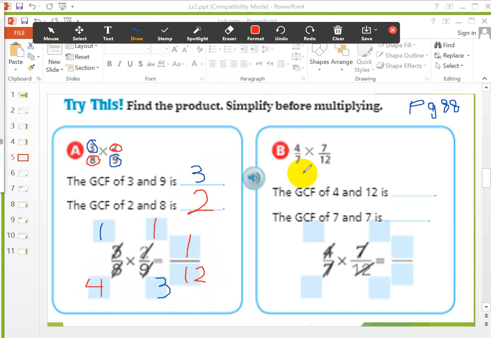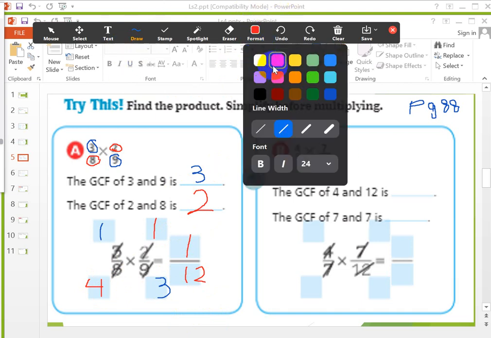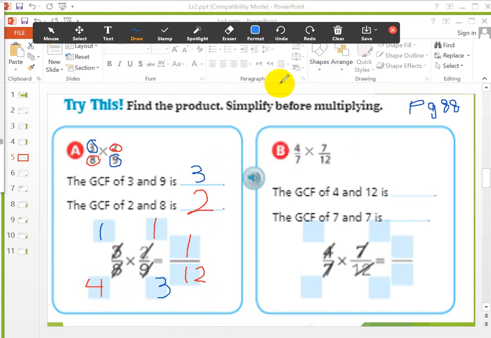In exercise B, let's see the first numerator. This is 4 and this is 12. The numerator from the first fraction and the denominator from the second. What is the greatest common factor between 4 and 12?